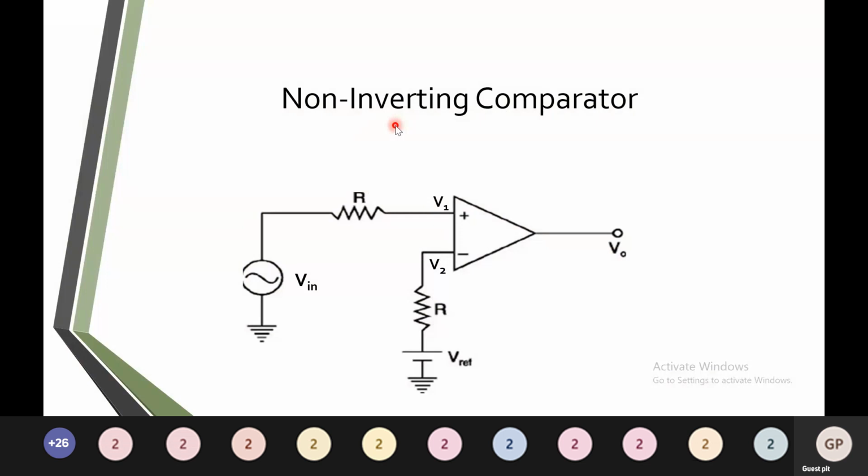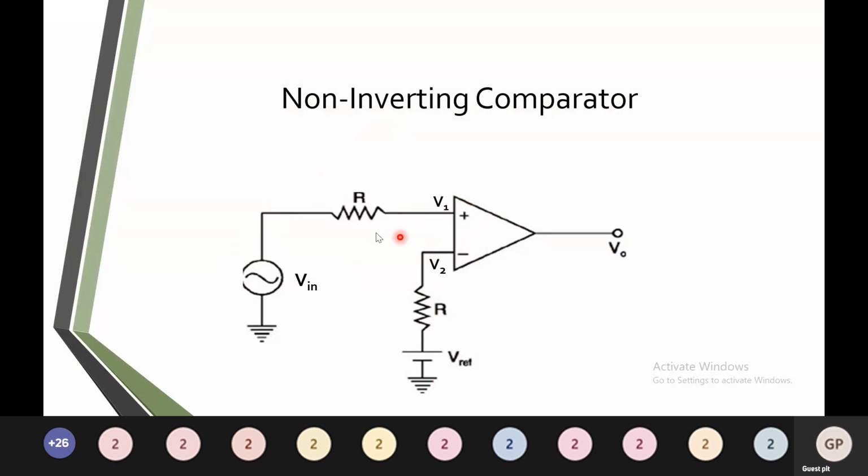Whenever the unknown voltage is given to the non-inverting terminal of the op-amp, such a circuit is called a non-inverting comparator. You can see here, this is the unknown AC input voltage given to the non-inverting terminal of the op-amp, and therefore this is a non-inverting comparator, and the reference voltage is given to the inverting terminal.